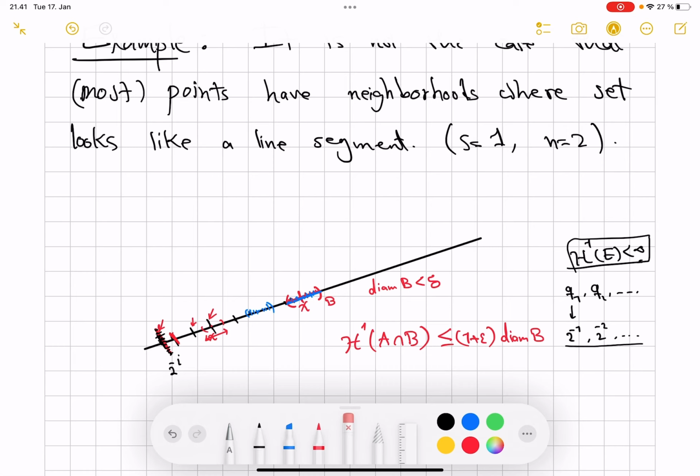If you do this, then no point is a clean point. No neighborhood of any point is a clean, honest line segment. But the measure of this is still finite, and the claim of the theorem holds that almost every point has some neighborhood where this quantitative isodiametric inequality holds.